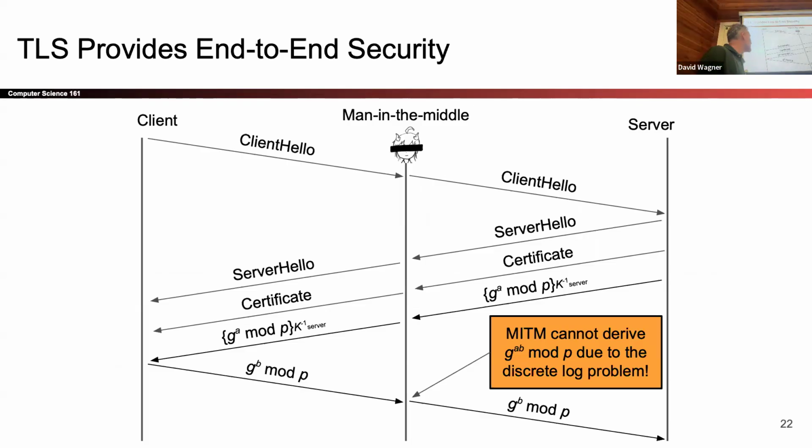And just to say it again, why is a man in the middle stuck? A man in the middle can observe G to the A mod P and observe G to the B mod P, but they can't figure out the Diffie-Hellman shared secret, the G to the AB. This is because of the magic of Diffie-Hellman. So thank you, Diffie. Thank you, Martin Hellman.